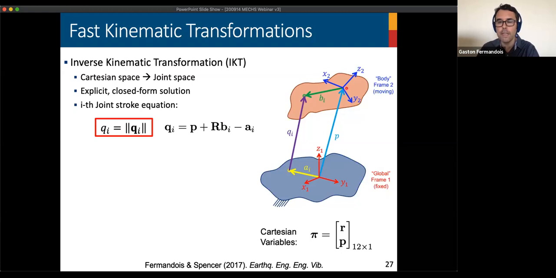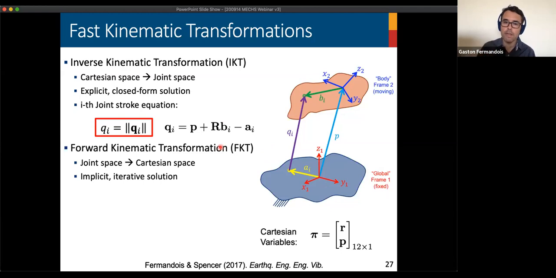Bi is the position of one of the ends of the actuator connected to the moving body, minus Ai, which is the position of the other end of the actuator that is connected to the fixed frame, or global frame. So with that, we can calculate the joint stroke.